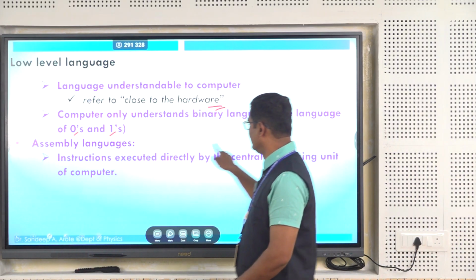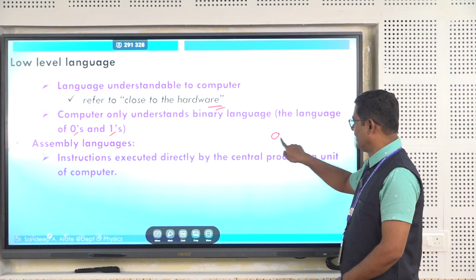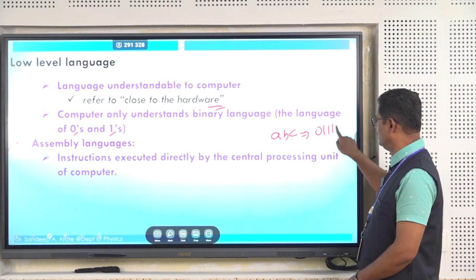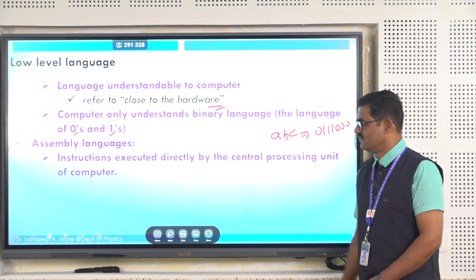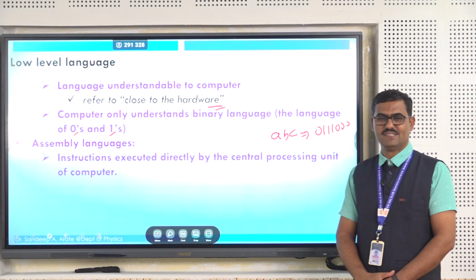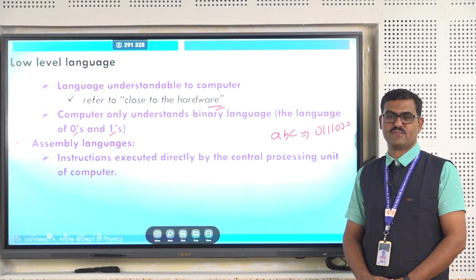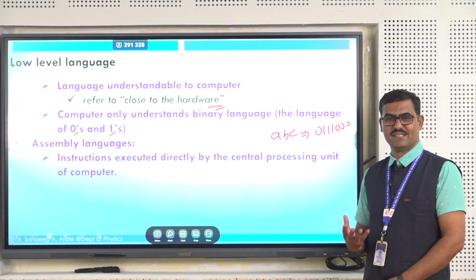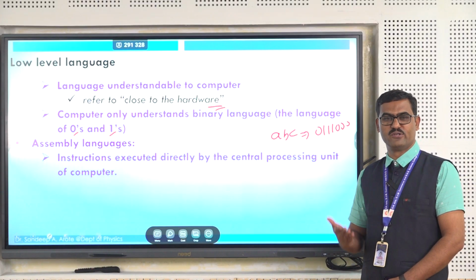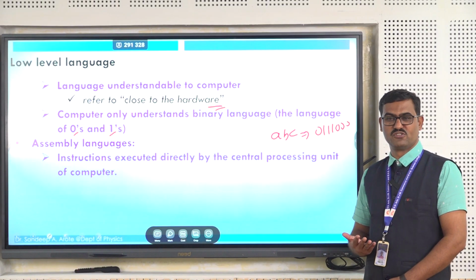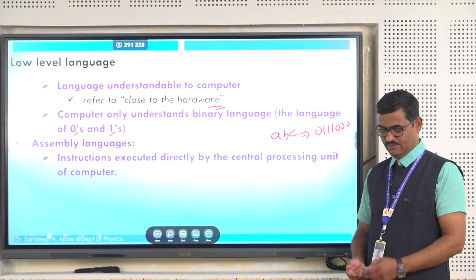So if you write anything like ABC, it gets converted into 0, 1, 1, 0, 0 and so on. These languages are known as assembly languages. Your hardware can easily understand it, process it through the components in the central processing unit, and give output on a display.